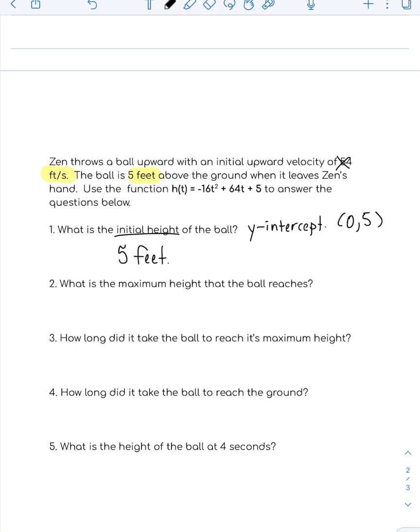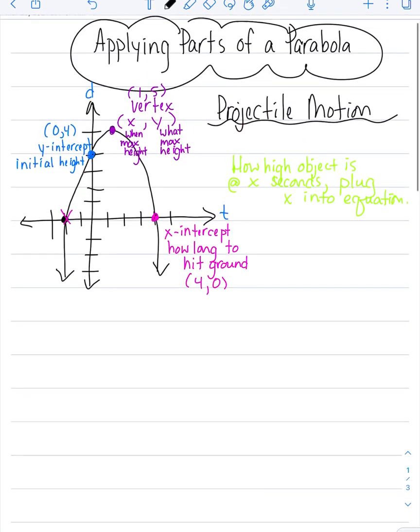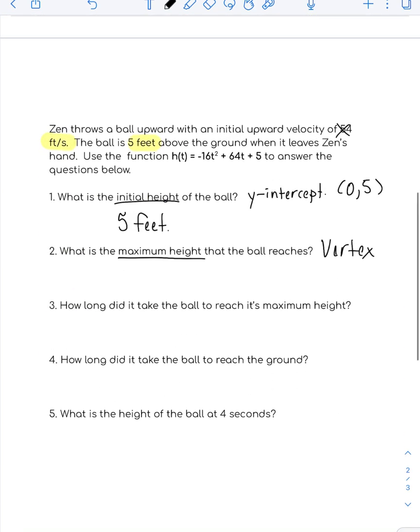Now let's look at number 2. It says, what is the maximum height that the ball reaches? Well, when we talk about maximum height, you can look back at your graphic organizer: the maximum height is the y value of your vertex.